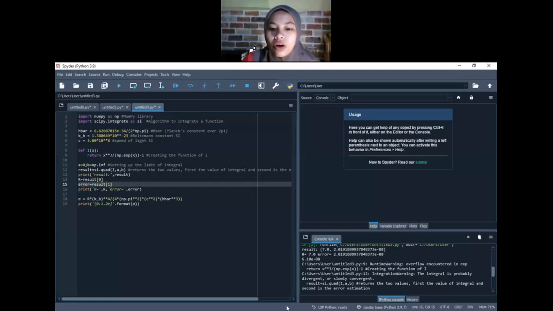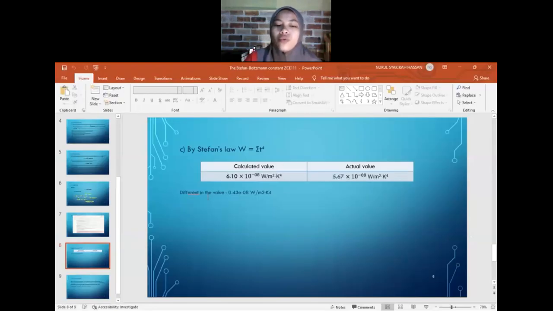Now we already know the function and our calculated sigma, and we need to compare it with the actual value. The calculated value we get is 6.1 times 10 to the power of negative 8, but the actual value is 5.67 times 10 to the power of negative 8.